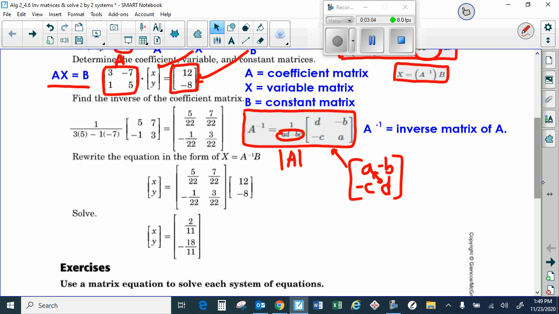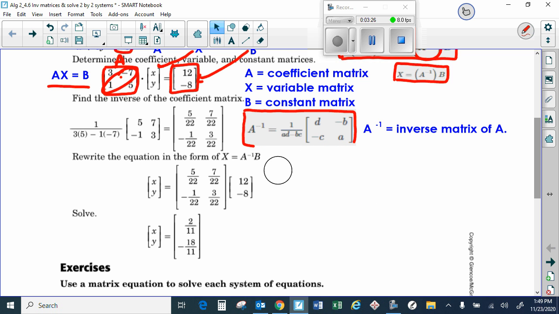But it says I need to switch them, so 5 and 3 switch. That's why you see those switched. And you take the opposite of the others, that's why you see positive 7 and negative 1. Then you have 1 over the determinant of the coefficient matrix. So here is my ultimate setup to find the inverse.